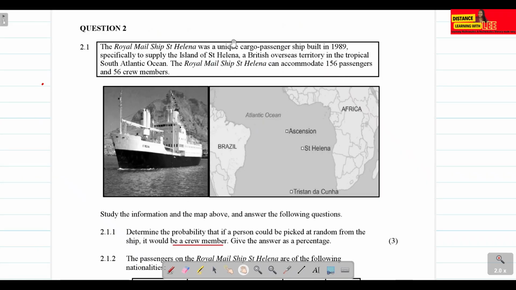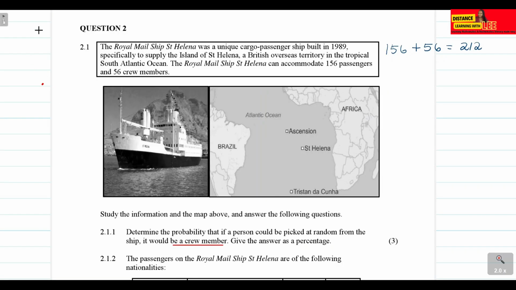How many people in total can the Royal Mail ship accommodate? It can accommodate 156 passengers plus 56 crew members, so in total the ship can accommodate 212 people.